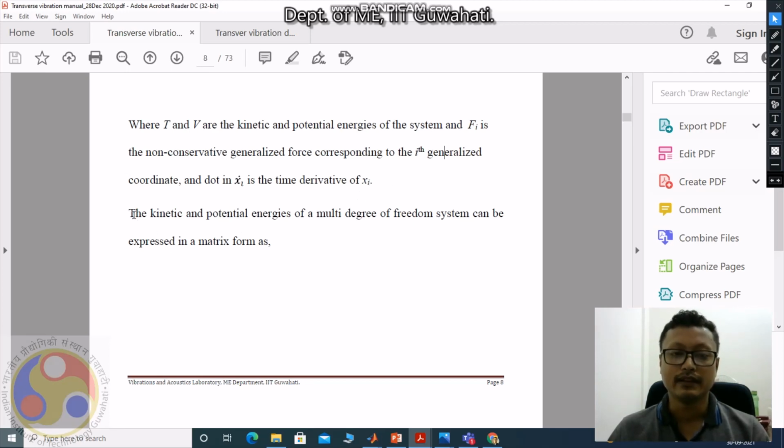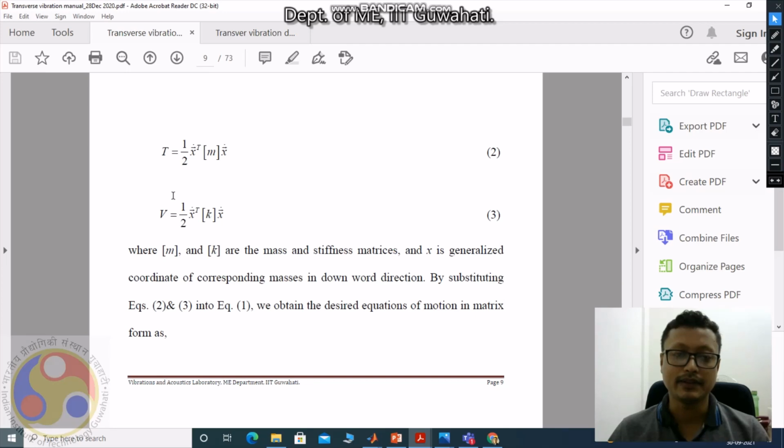Then the kinetic and potential energy for a multi-degree of freedom system can be expressed in matrix form. Kinetic energy is written in terms of mass, and potential energy in terms of stiffness. This is K, and this is M for mass.